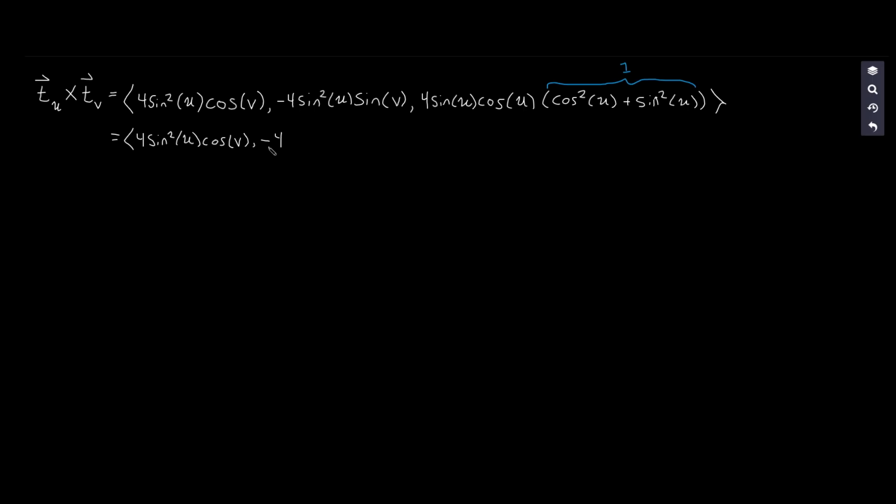For y, it's gonna be -4 sine squared of u times sine of v. And this is just for the z coordinate. This is just gonna be 4 sine of u times cosine of u times 1, which we're just gonna leave as is, because it gets smaller.